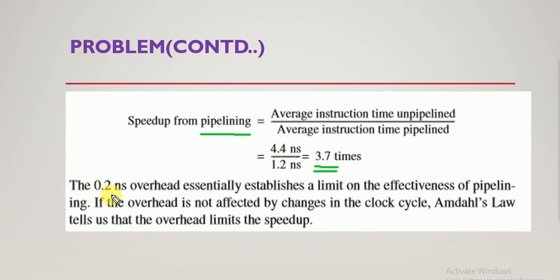The 0.2 nanosecond overhead essentially establishes a limit on the effectiveness of pipelining. If the overhead is not affected by changes in the clock cycle, Amdahl's law tells us that the overhead limits the speedup. It will actually limit the speedup, but still we can see that we are having a huge speedup compared to the normal unpipelined architecture.